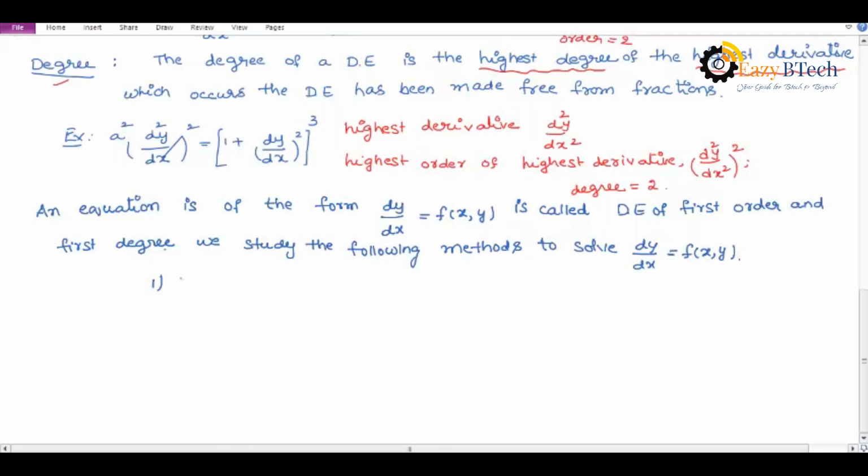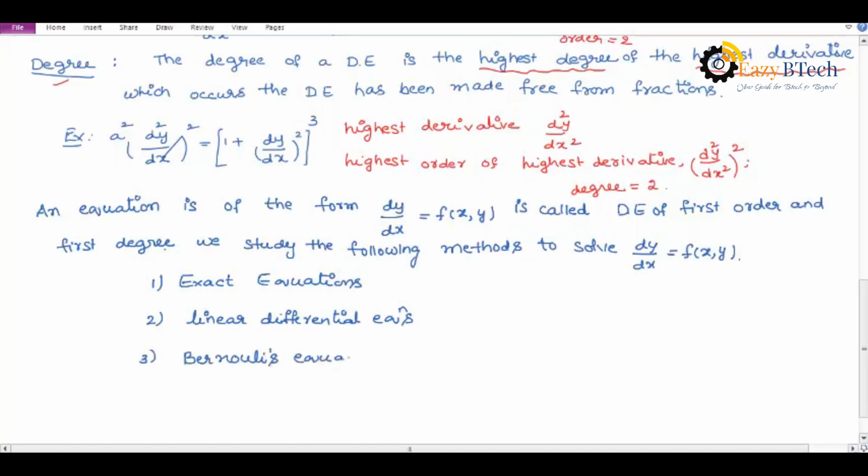The first one is exact equations, the second one is linear differential equations, and the third one is Bernoulli's equations.